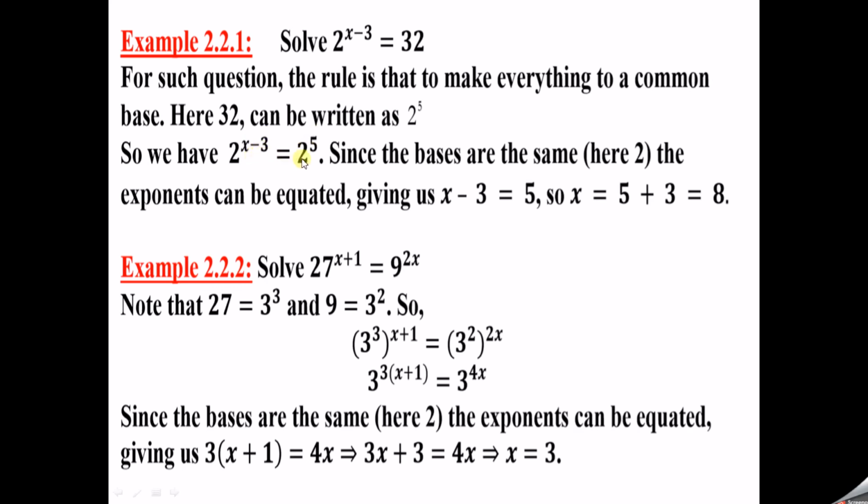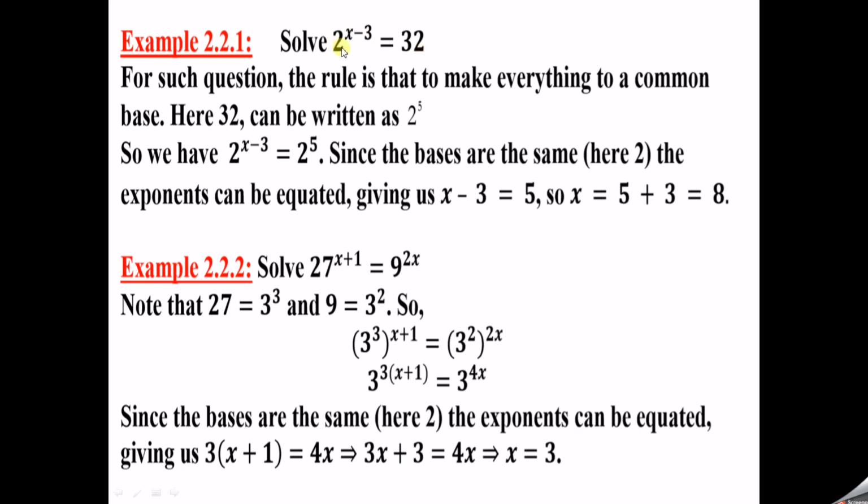So x minus 3 is equal to 5. From that you will get x is equal to 5 plus 3, which is equal to 8. So whenever we have an equation having exponents, we try to write both sides of the equation as a power of a prime number.